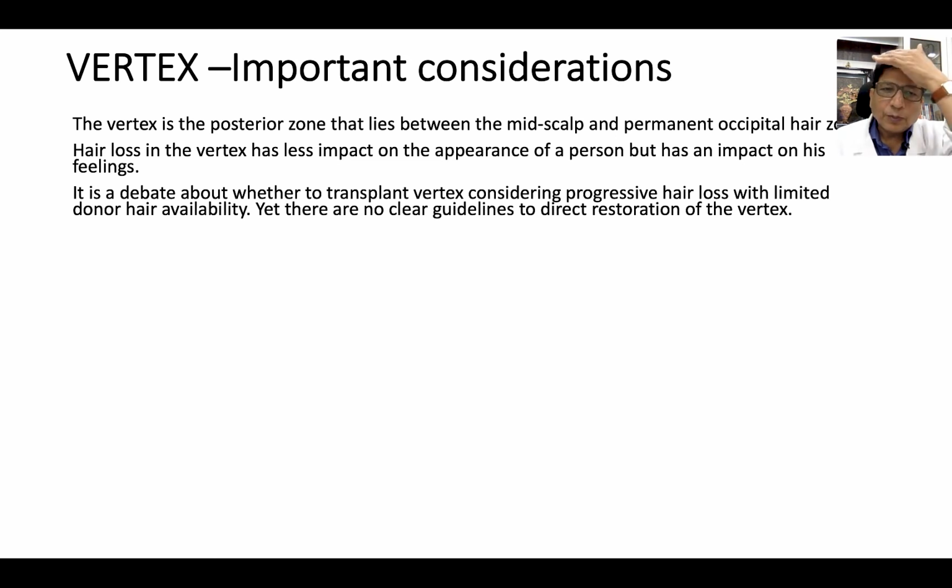So first importance is the frontal area, second importance is your mid scalp area. But if you lost the hair on the crown area, posterior, there is a need to reconstruct. But it is not the first priority, because it doesn't have great impact on your aesthetic appearance, but it has impact on the person's feeling.